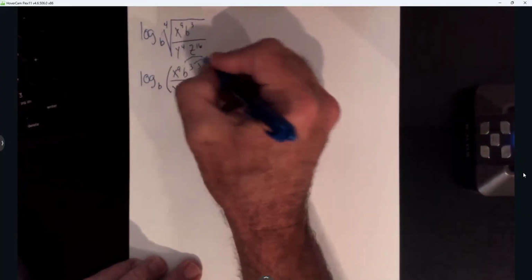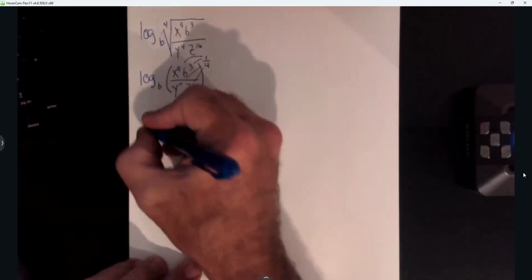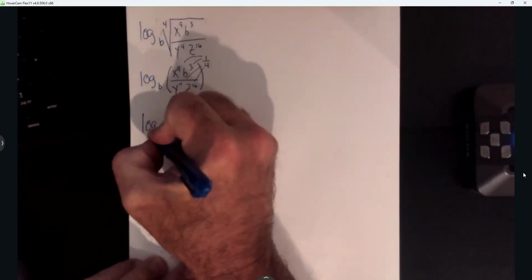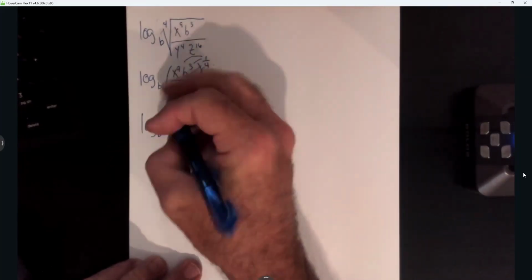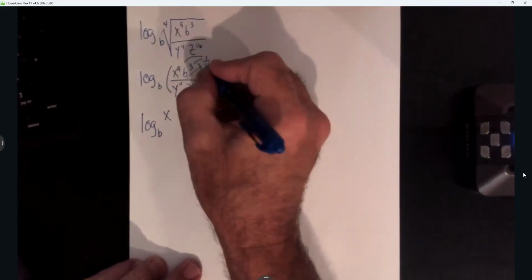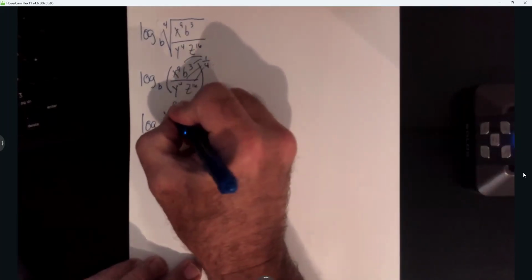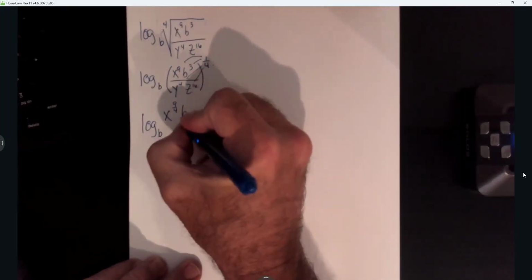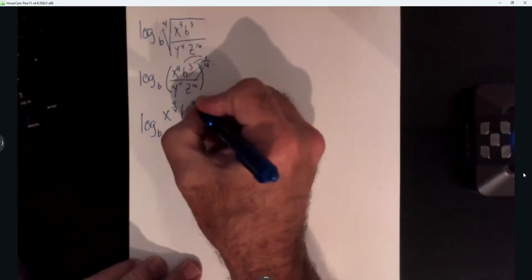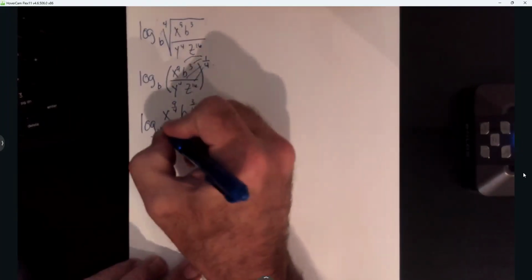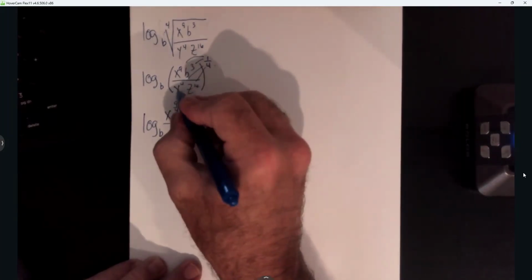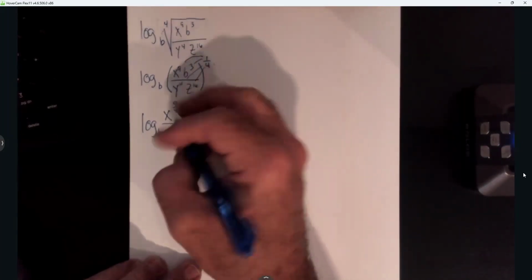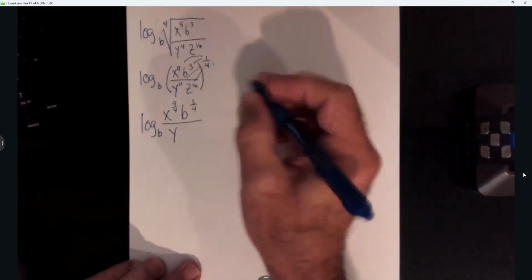Now you got to multiply every exponent inside those parentheses times 1/4. So for the x, 9 times 1/4 is 9/4. For the b, 3 times 1/4 is 3/4. For the y, 4 times 1/4 is 1.